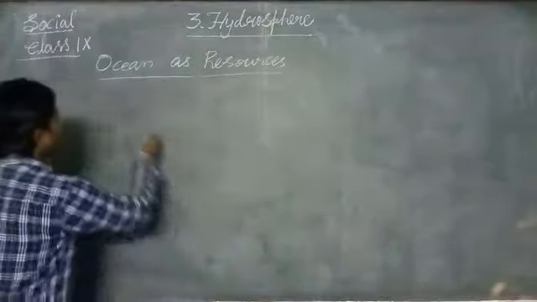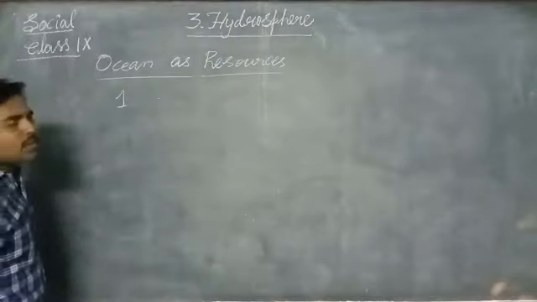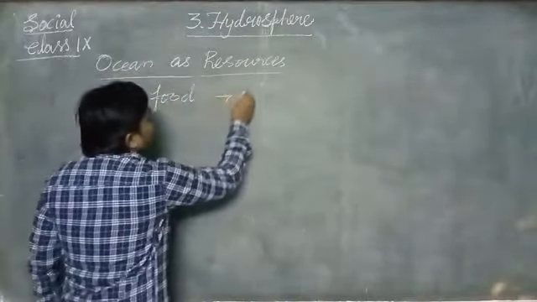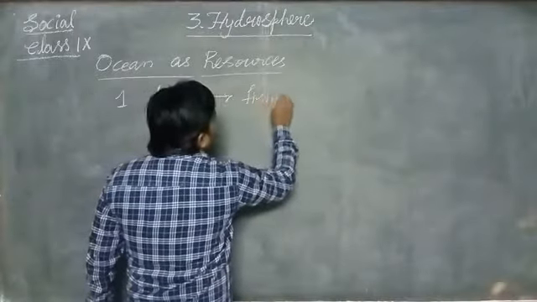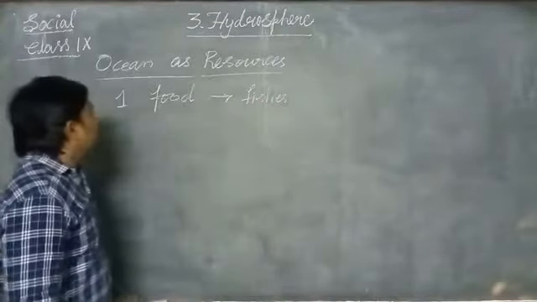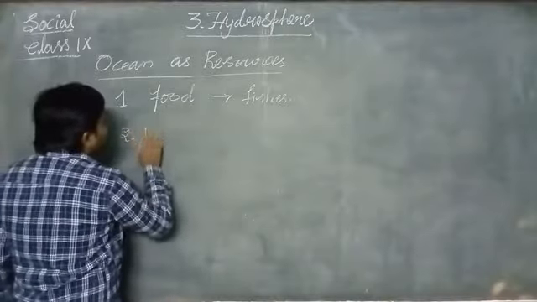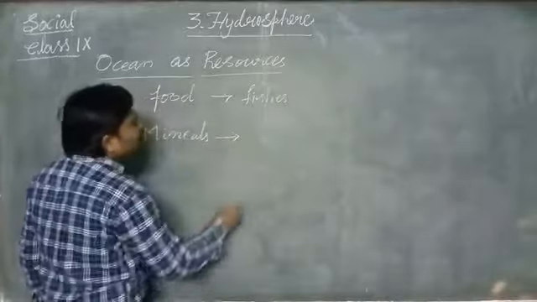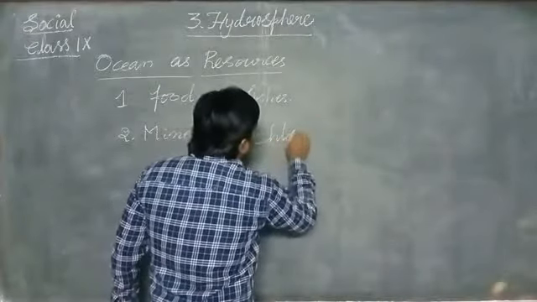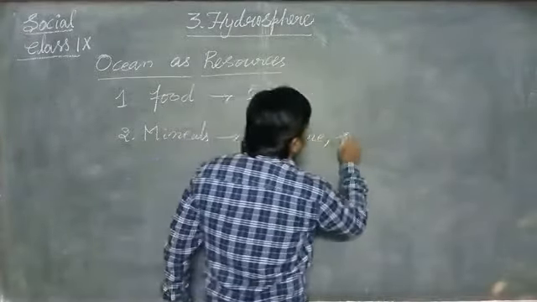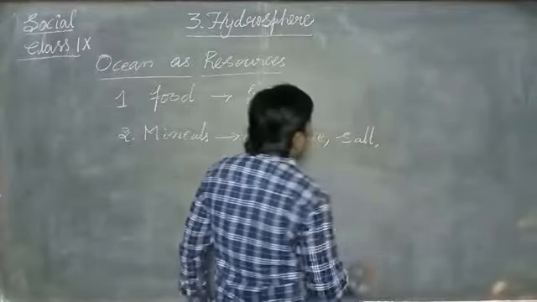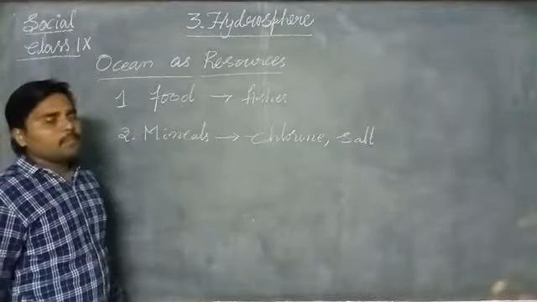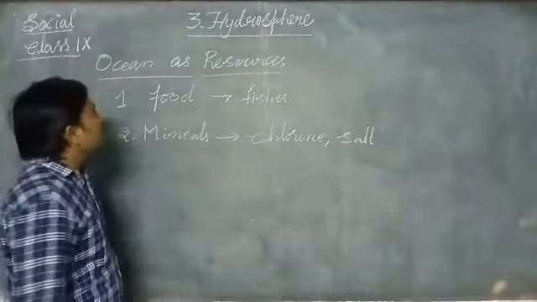Let us see the ocean as a resource of food for humans, like fishes. And it is a resource for minerals like chlorine, salt. Salt is the major mineral available in the oceans.